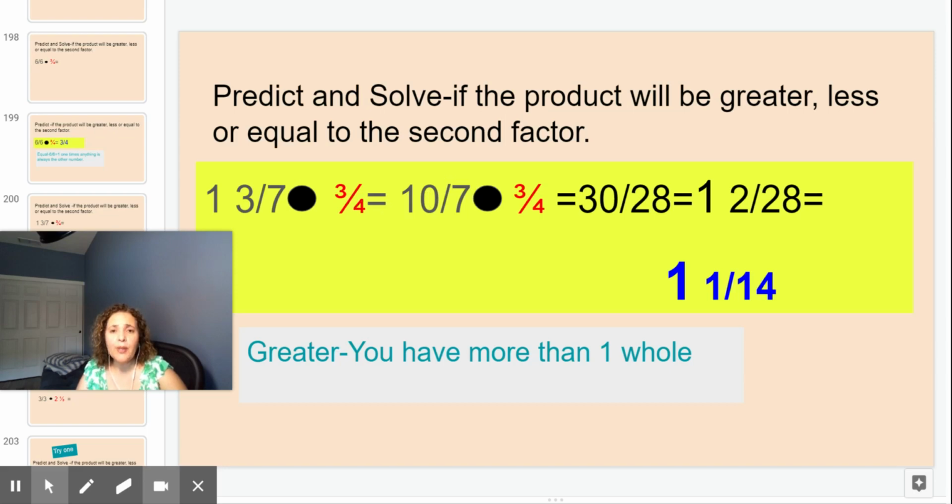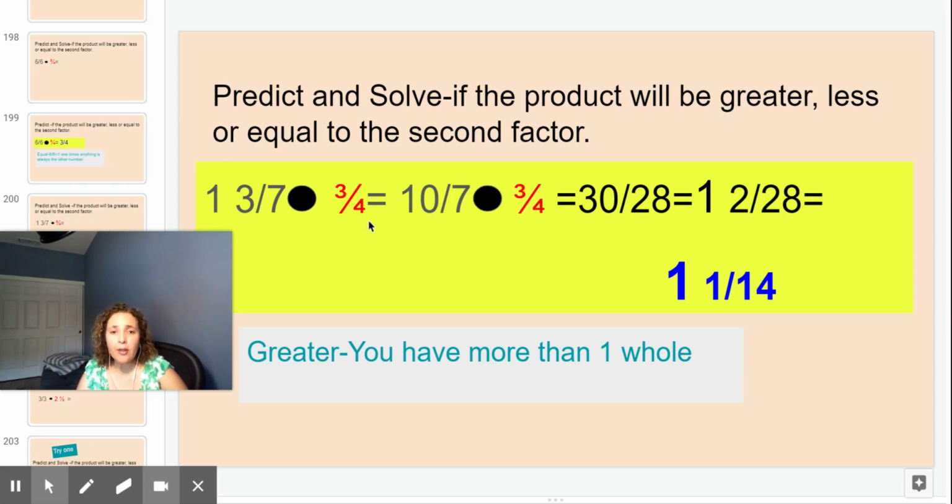I multiplied it out, numerator times numerator: 10 times 3 is 30, 7 times 4 is 28, so 30 over 28, which simplifies to 1 and 2/28, but I can go further, because I can divide 2 by 2 and 28 by 2. So I divided top and bottom by 2 and got 1 and 1/14. So 1 and 1/14 is bigger than my 3/4.